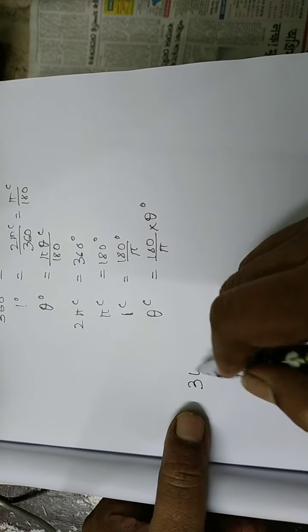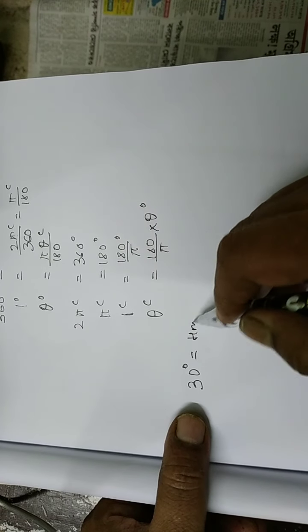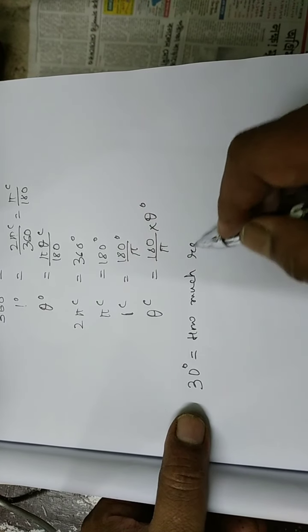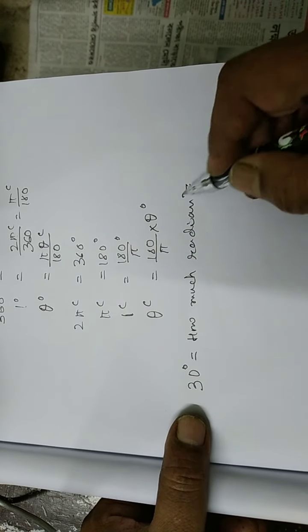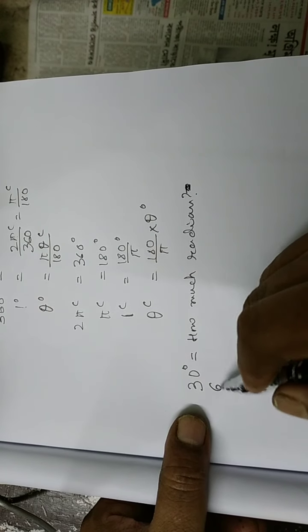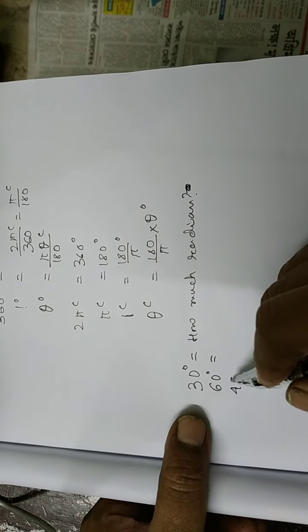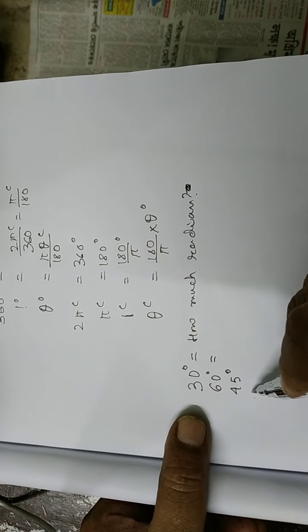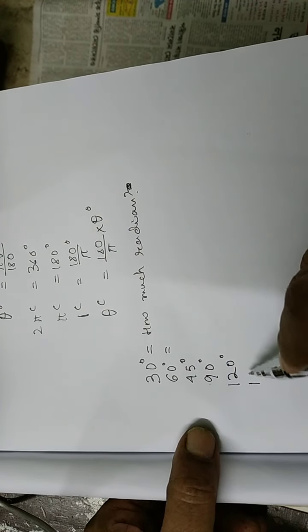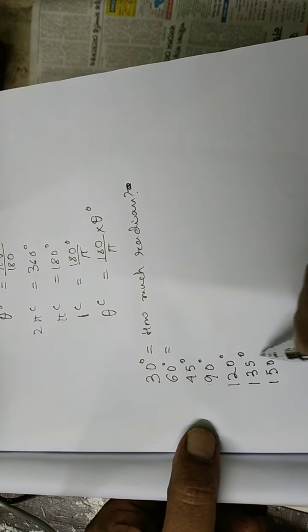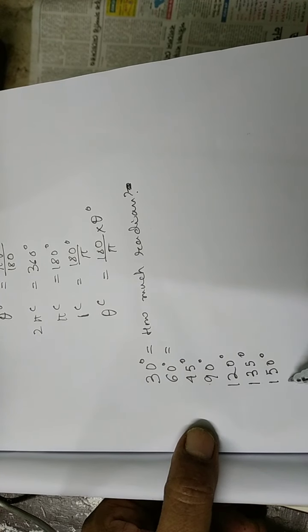Some examples are there. Suppose 30 degree equals how much radian? 30 degree, 60 degree, 45 degree, 90 degree, 120 degree, 135 degree, 150 degree, 180 degree.